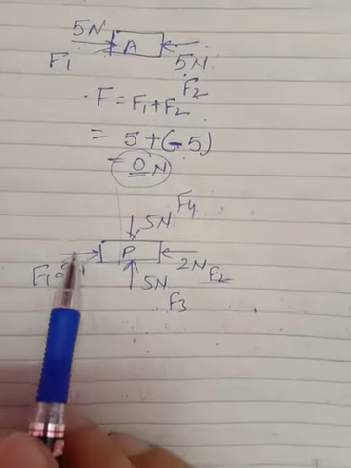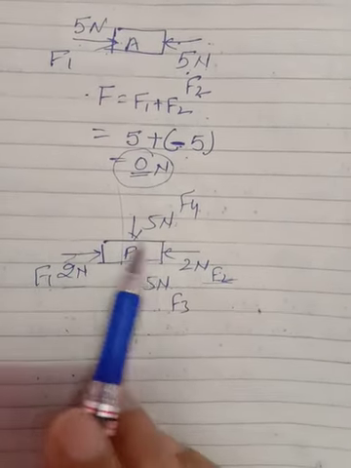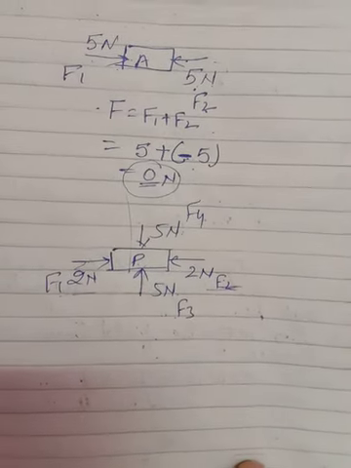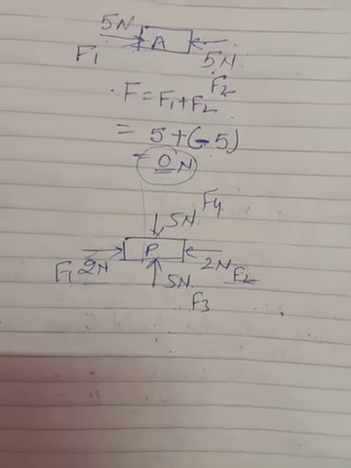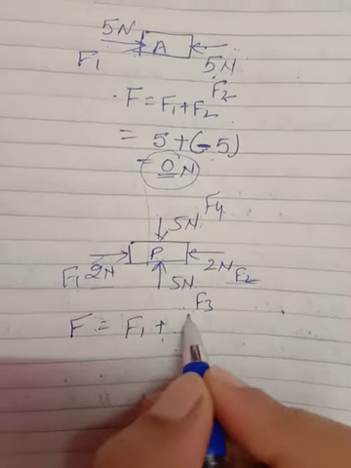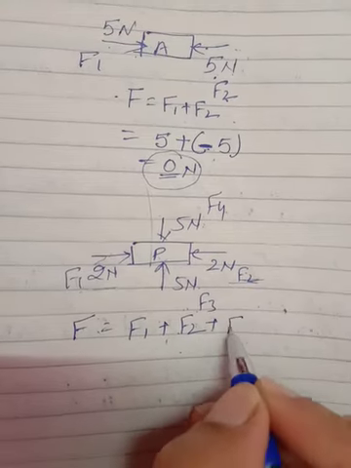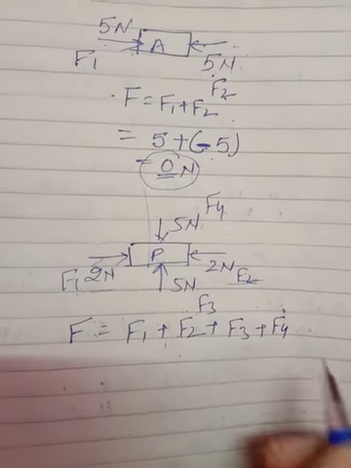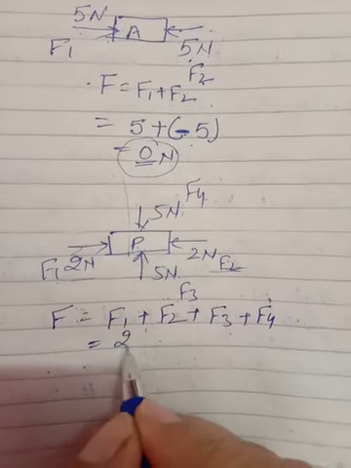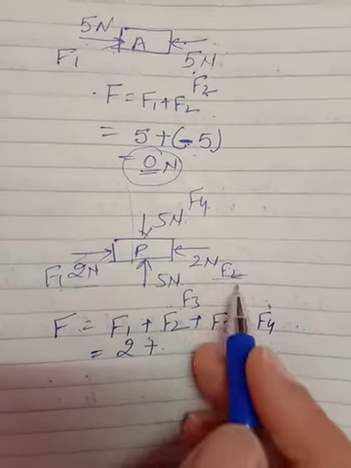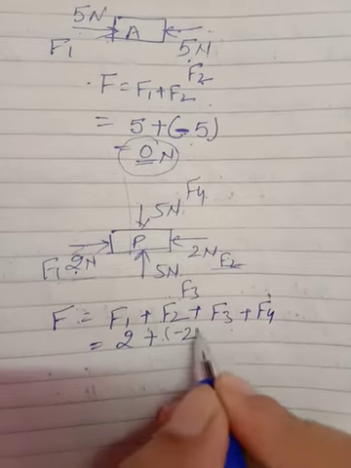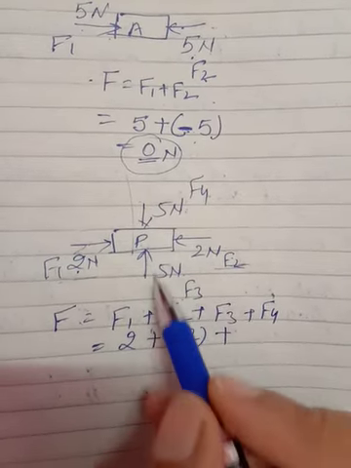Now see here, there are more than 2 forces acting, a total of 4 forces. But even then, if we talk about our net force, it will be equal to F1 plus F2 plus F3 plus F4. So F1 is 2 Newton, plus F2 is in the opposite direction of F1, so minus 2, plus F3 is upward.